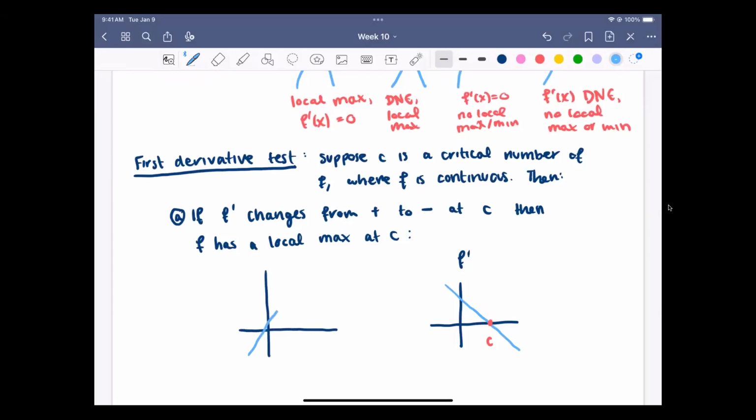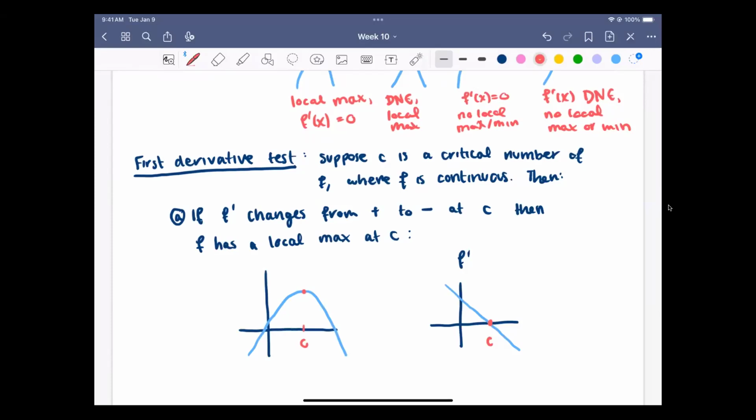But then at C, it has 0 slope, and then after that, it has negative slope. Making sense? I feel like this is the kind of thing where, if you forget the statement of this, you can logic it out by drawing pictures and thinking about what the hypotheses are saying.